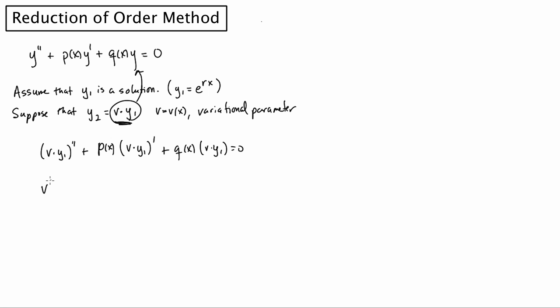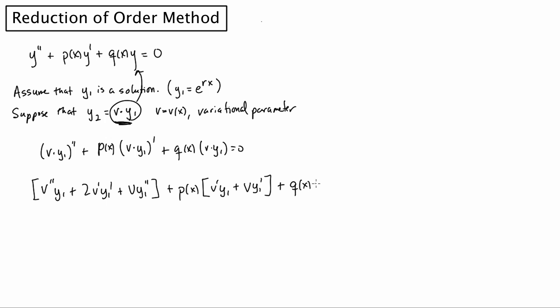If you trust me, I'll just tell you what we get. When you do product rule, you're going to wind up with this from the first piece plus p of x times, using the normal product rule, v prime y1 plus v y1 prime, plus q of x v times y1 equals 0.